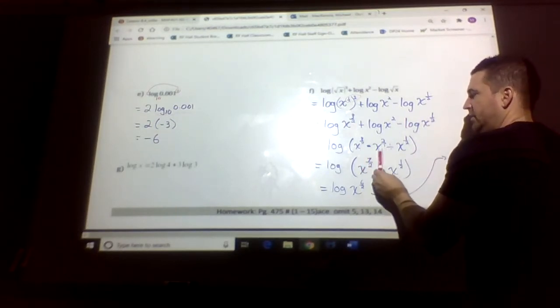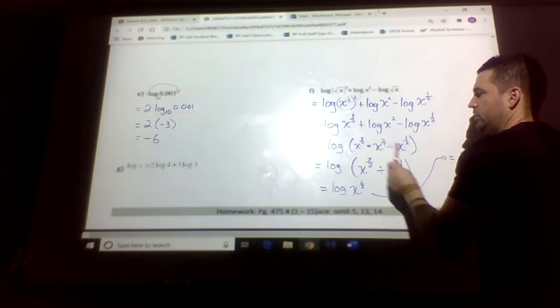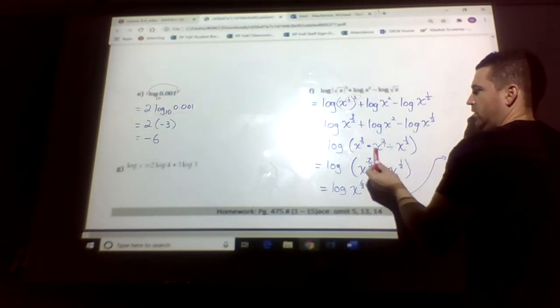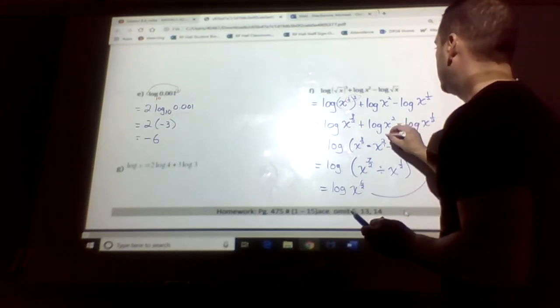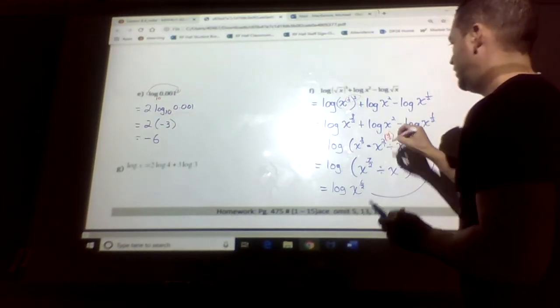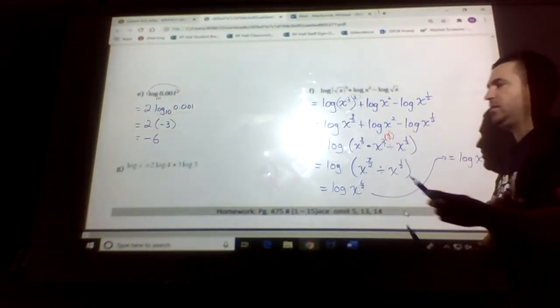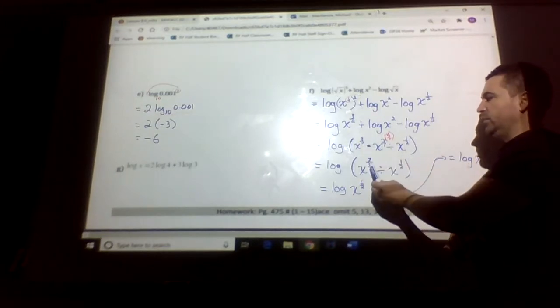When you multiply these, you add the exponents. So 3 over 2 plus 2, which is 3 over 2 plus 4 over 2, because you have to make a common denominator, so you get 7 over 2.